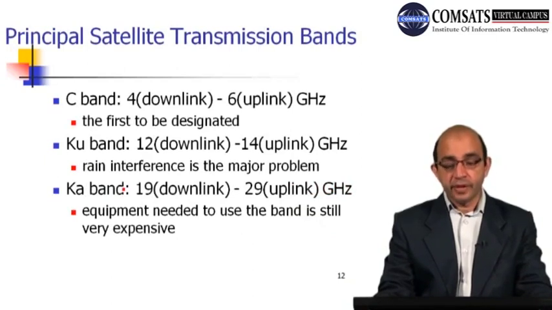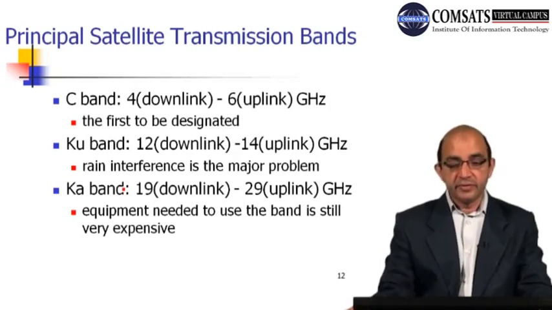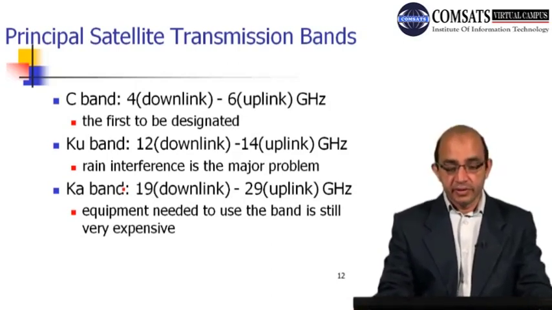So we have some of the bands that are reserved for satellite transmission. C-band, and for C-band we have 4 to 6 gigahertz, 4 gigahertz for downlink, and 6 gigahertz for uplink. And then Ku band, 12 downlink and 14 uplink, and these are gigahertz.